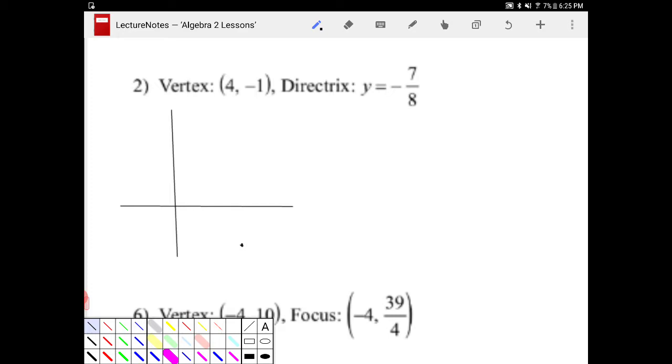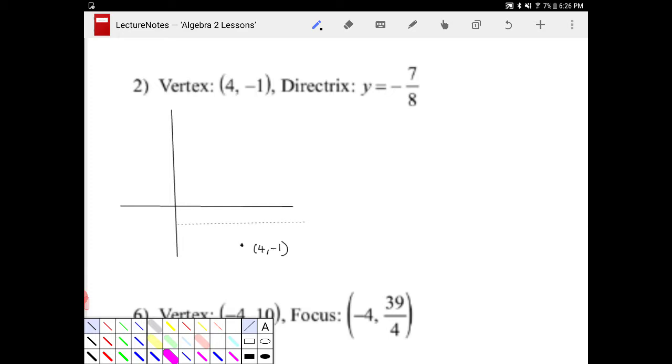So I know that the vertex is located at (4, -1), which I'm going to pinpoint. I know that the directrix is -7/8, so -7/8 is going to be somewhere above (4, -1), because -7/8 is greater than -1.